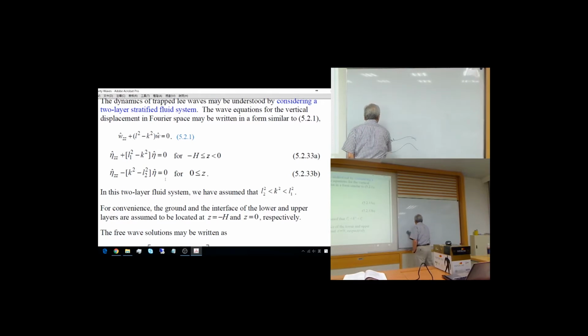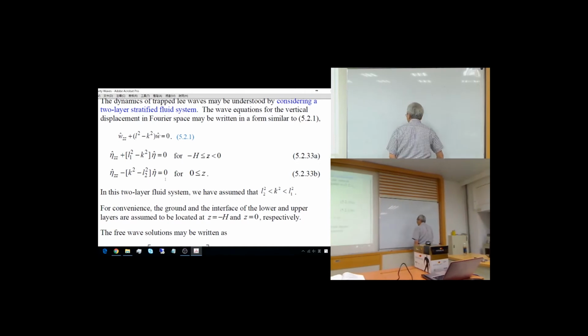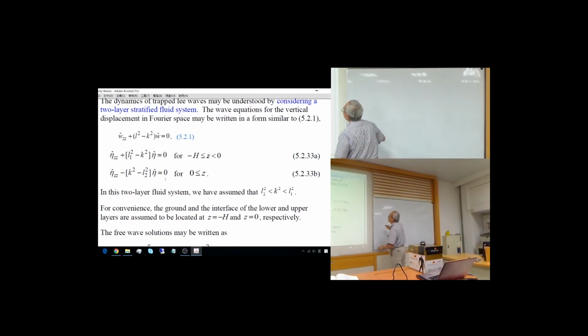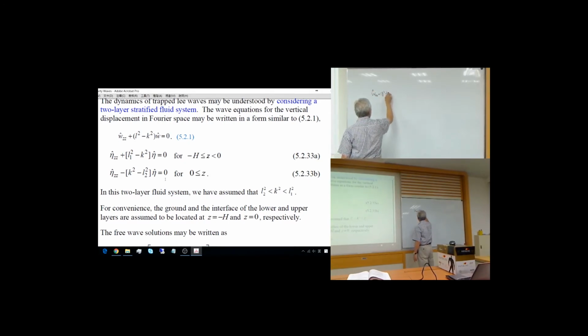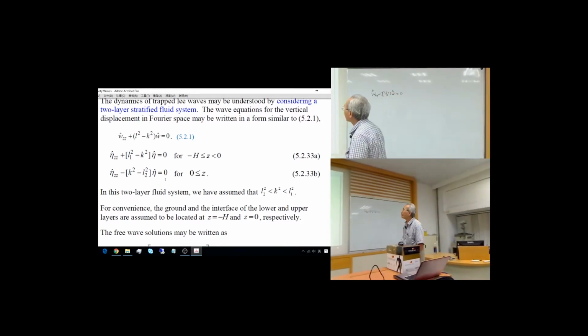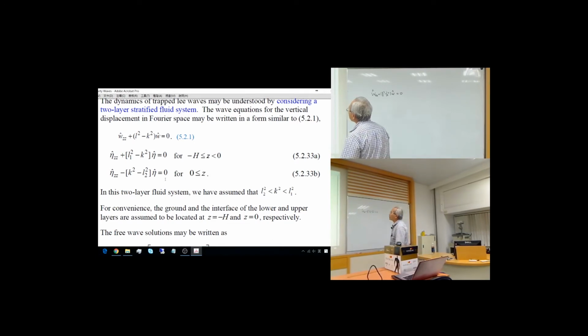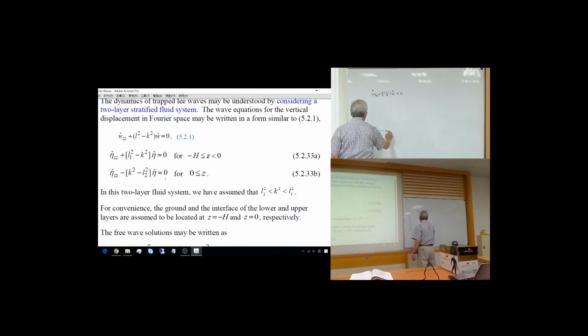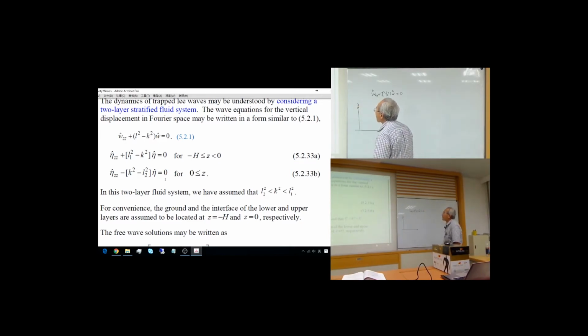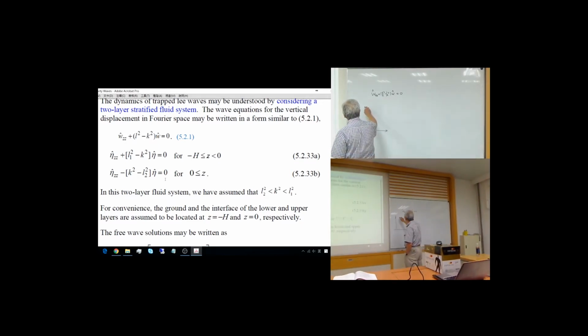Now we go back to the original scalar equation, like 5.2.1: W hat GG plus (L square minus K square) W hat equals 0.